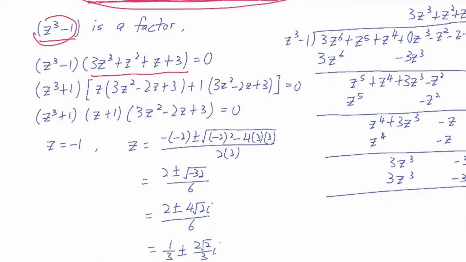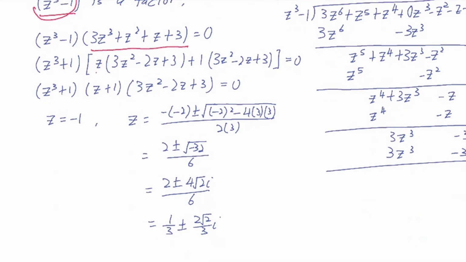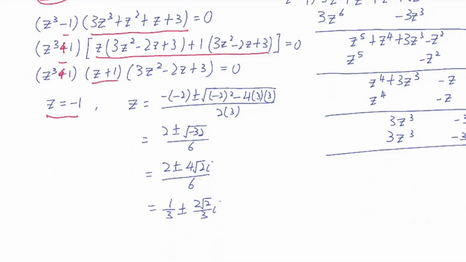In which we can have the factorization again. This one we can factorize further. We can take out the z plus 1 from there. This is a minus here, I'm sorry. So we can take out z equals negative 1 again, and we will have just the quadratic. For the quadratic here, we just have to use the formula to solve for that.